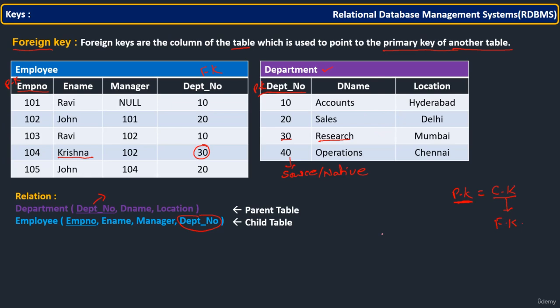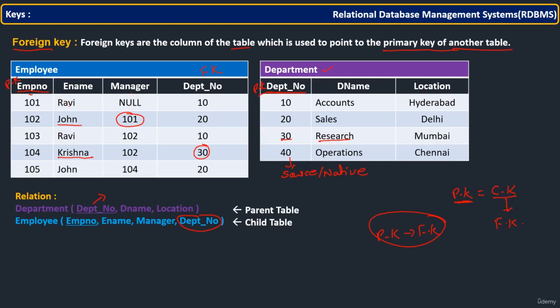And primary key and foreign key may both exist in the same table also. Here we discussed different tables, but you can see employee number and manager here. Who is the manager for John? Employee 101. Who is 101? Ravi. So for John, the manager is Ravi. And who is the manager for Ravi?